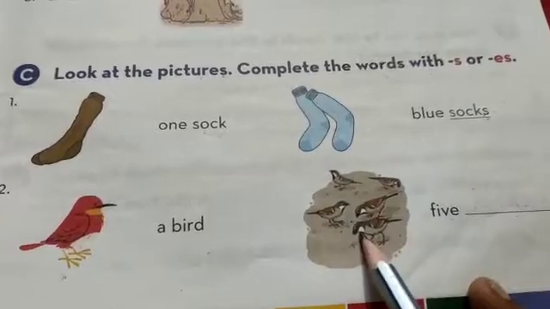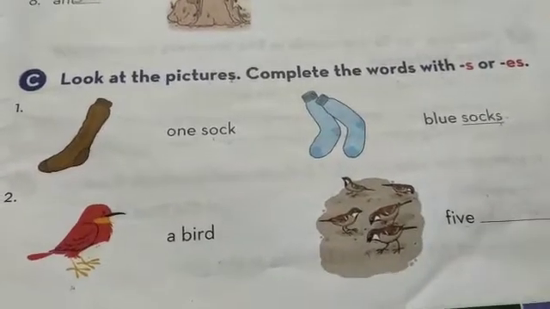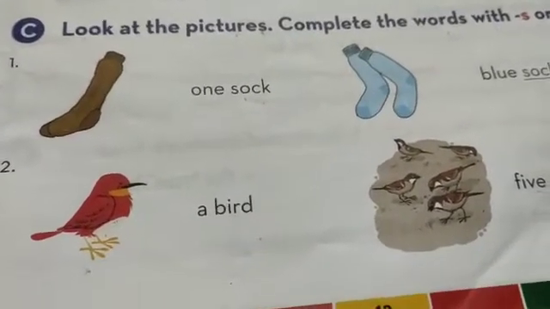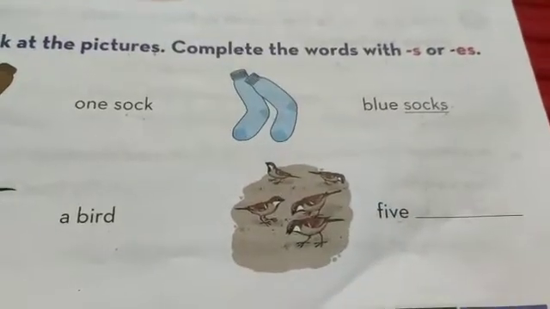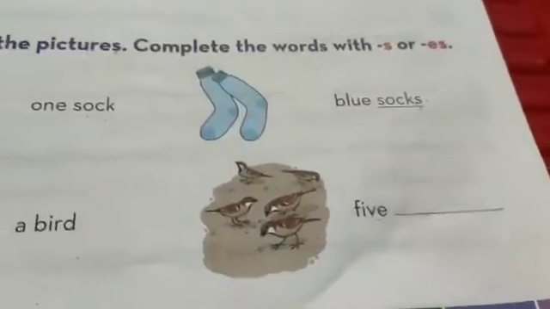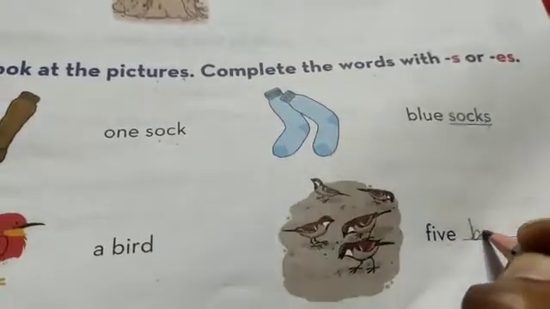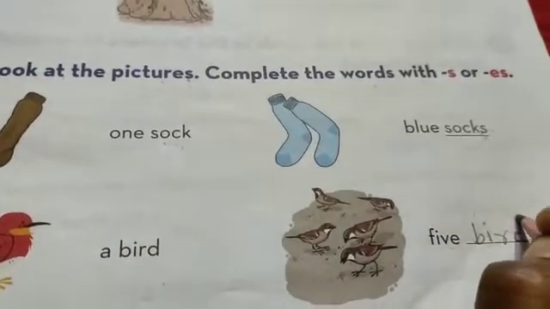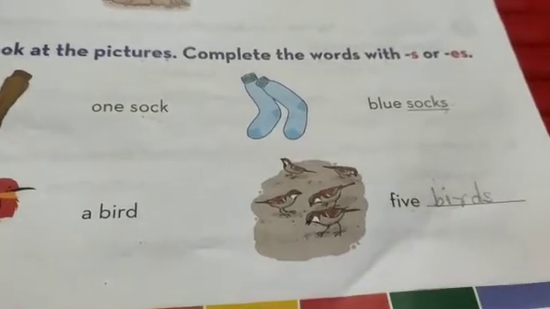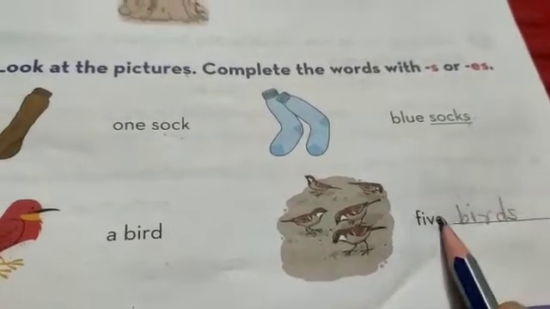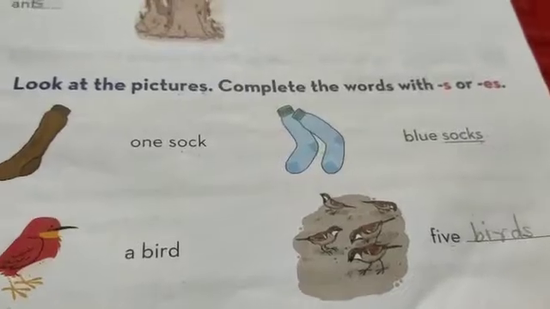So, there are 5 birds, isn't it? To make the bird plural, which rule? We add the first rule, that is add S. B-I-R-D-S. Birds. A bird, 5 birds.